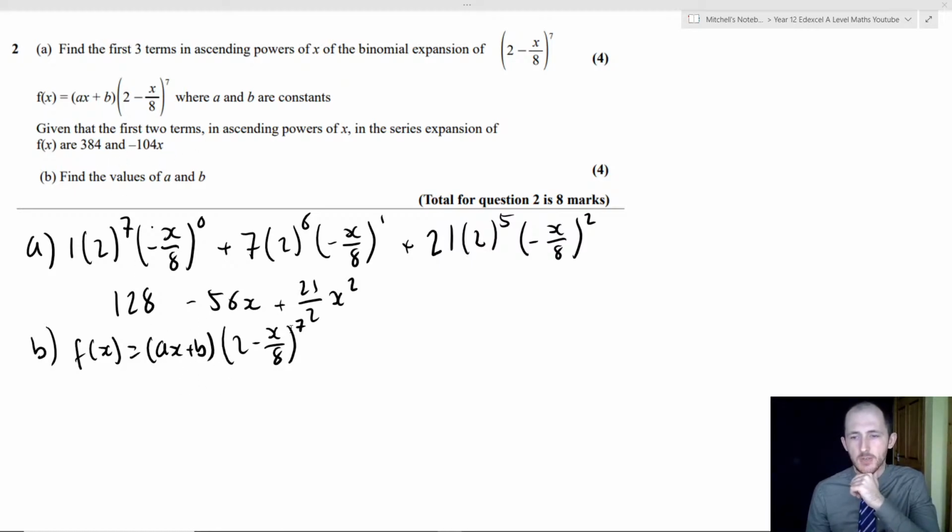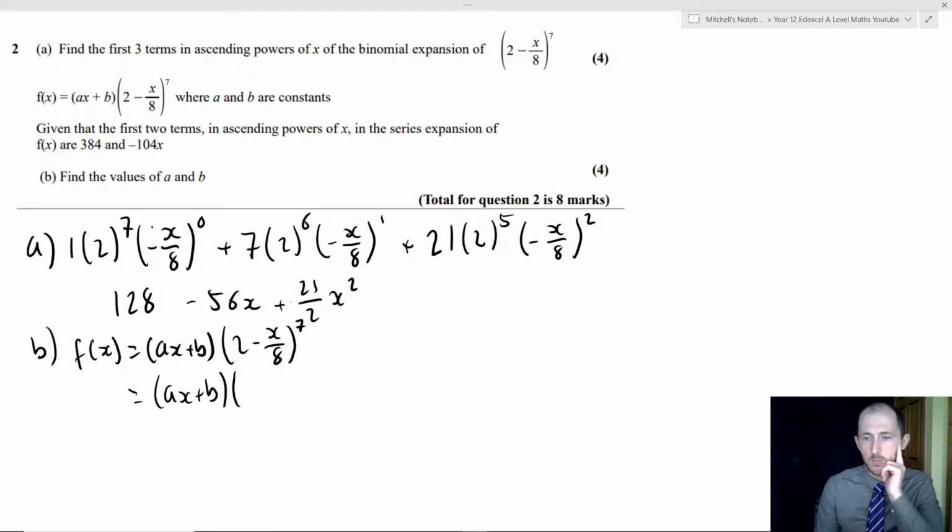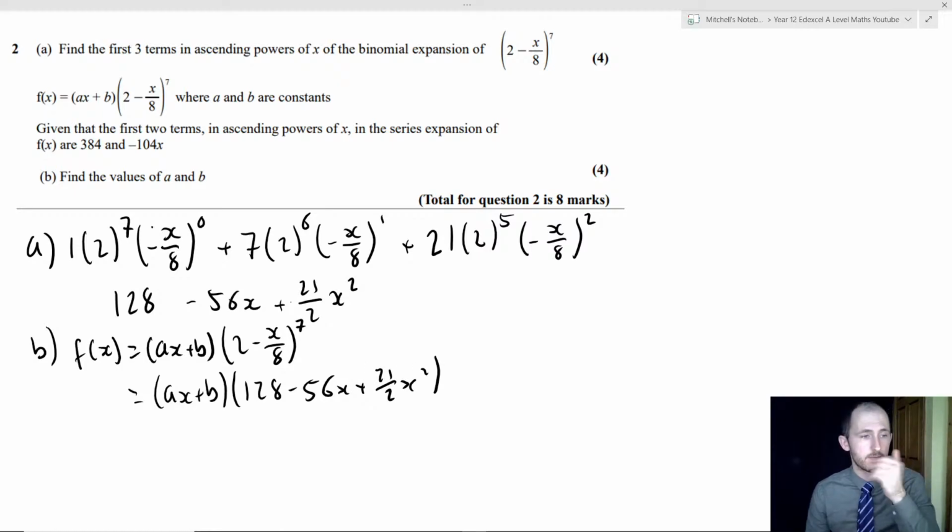So what you need to do here is expand this bracket. If you have a look, we've already got this kind of expansion, right? Now what we can do here is replace the second bracket with what we've just worked out. Okay, so all I've done is just replaced it, so make sure you're okay with that.